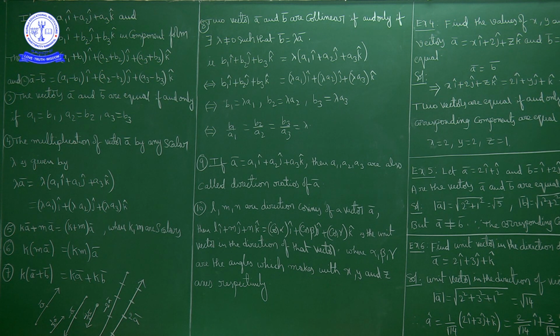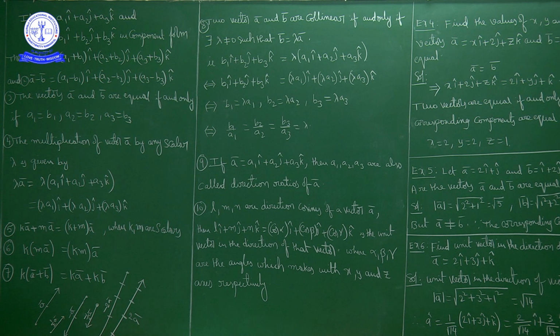Now what you can observe is, suppose lambda is any scalar. Lambda a bar is always collinear with the vector a bar. Here a bar, half a bar, minus half a bar, minus 2a bar, or 2a bar are collinear with a bar because they are parallel vectors.